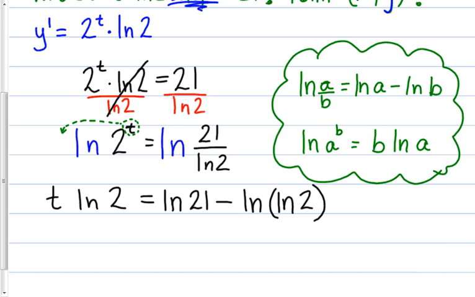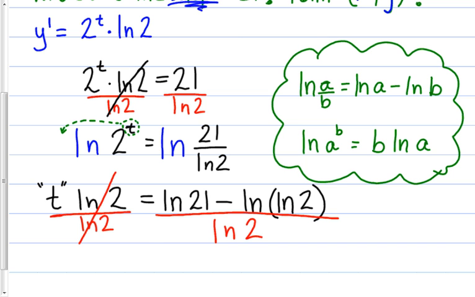Now the purpose of this was because I needed this to not be an exponent anymore, and he's not. And now I can just do math, and I can divide this side by the natural log of 2 to get rid of that. And of course, whatever I do to one side, I must do to the other.